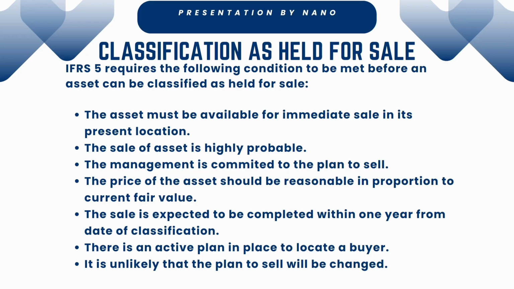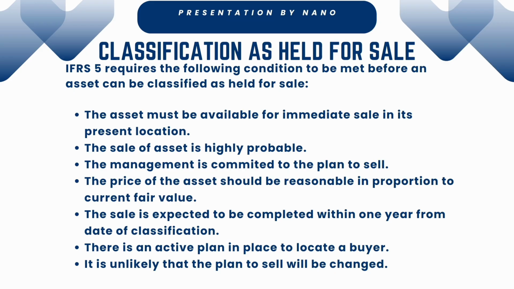When we talk about reclassification as a non-current asset held for sale, it means that the entity now wants to sell that motor vehicle. So therefore, it can no longer be categorized under non-current assets because this vehicle is no longer going to be used by the entity in delivering of services or production processes. So now they want to sell that asset, the motor vehicle, right?